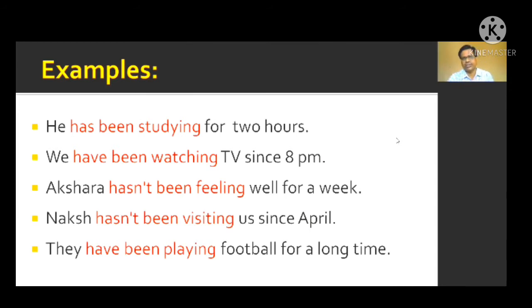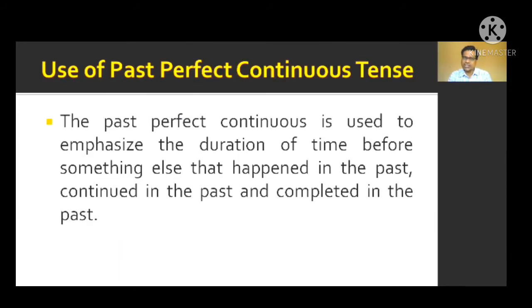Let us proceed further. Here you have past perfect continuous tense. It means the action is related to the past. It starts in the past, continues for some time in the past, and of course is completed also in the past.